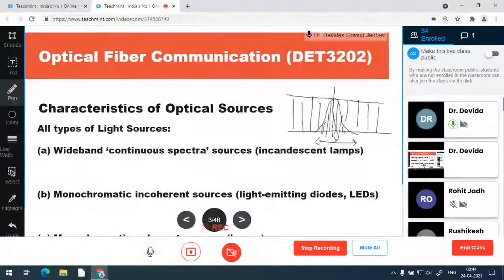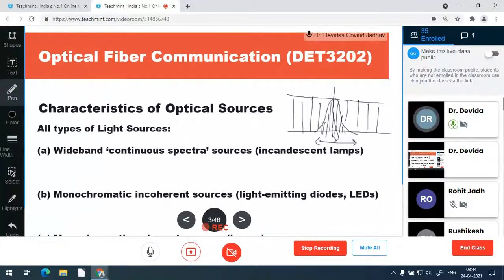So that is the big difference between continuous spectra optical source and monochromatic optical source.